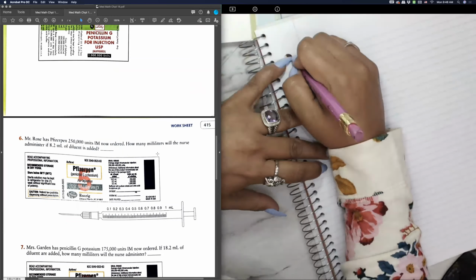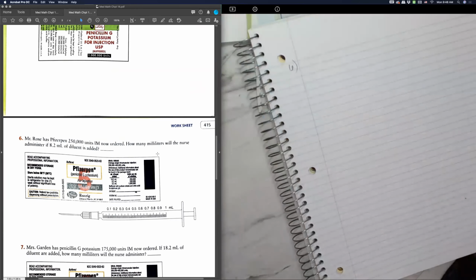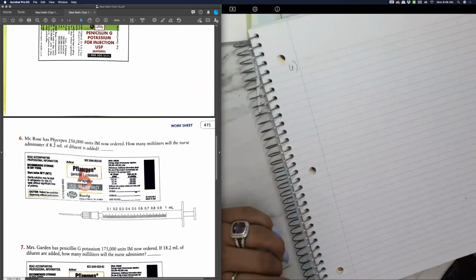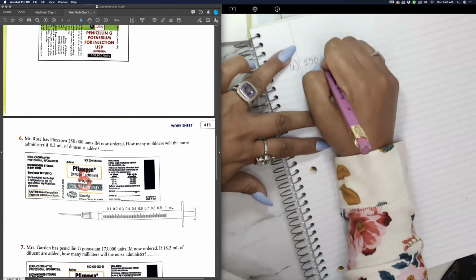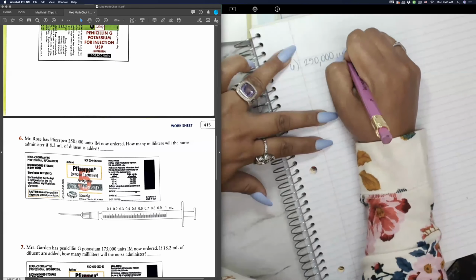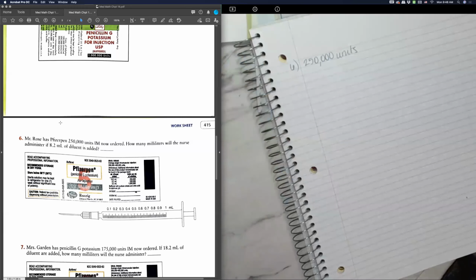Okay, number 6. Miss Rose has Pfizer 250,000 units ordered. How many milliliters will the nurse administer if 8.2 milliliters of diluent is added?